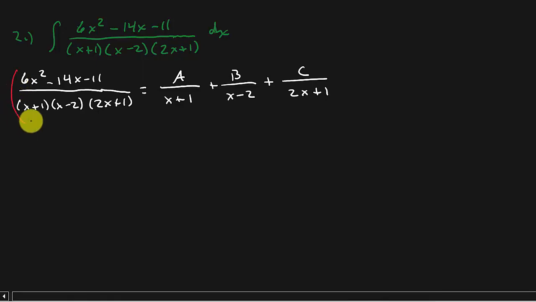So now we need to multiply everything by the common denominator, which is x plus 1 times x minus 2 times 2x plus 1.